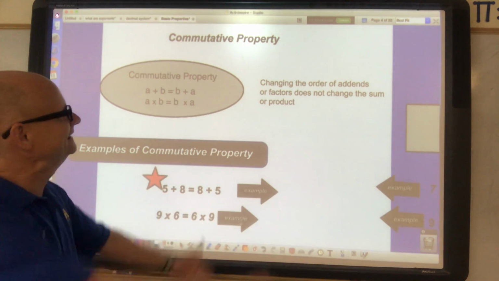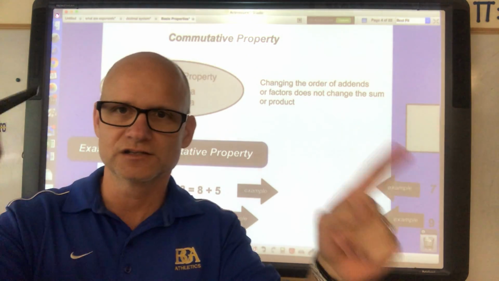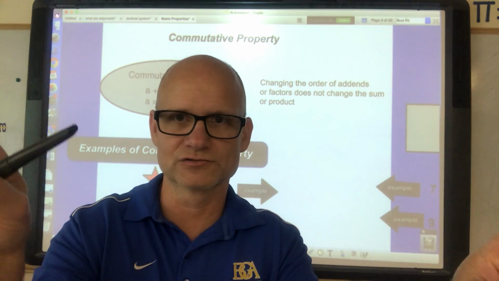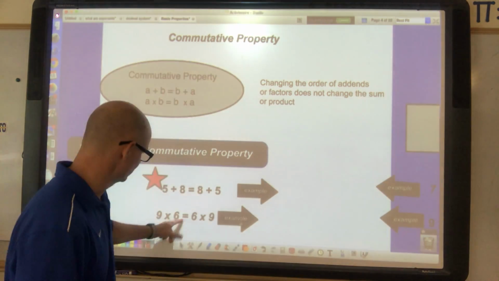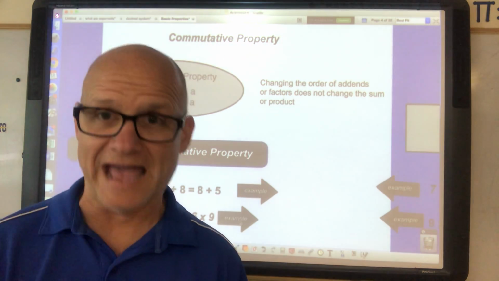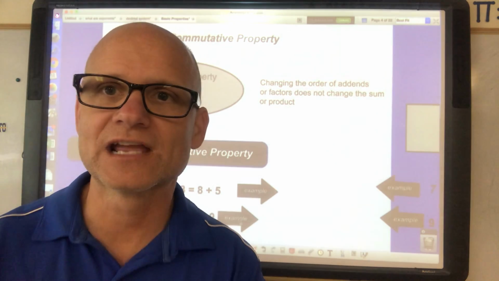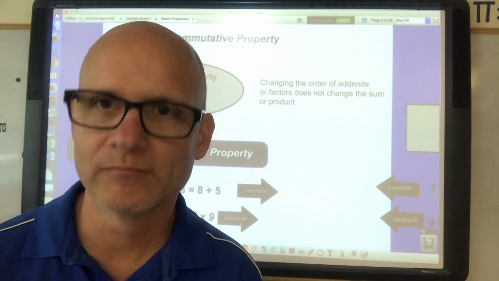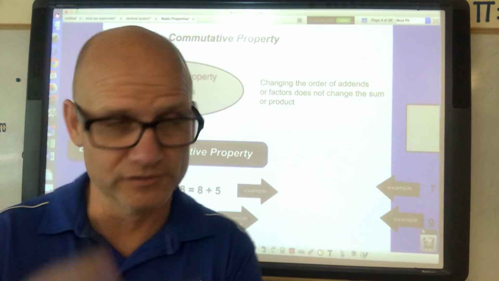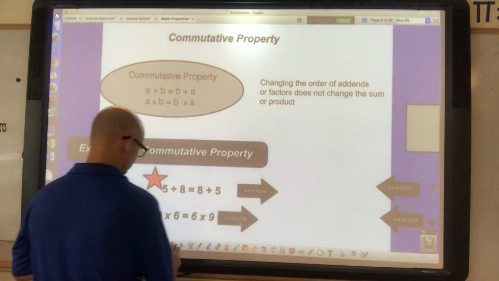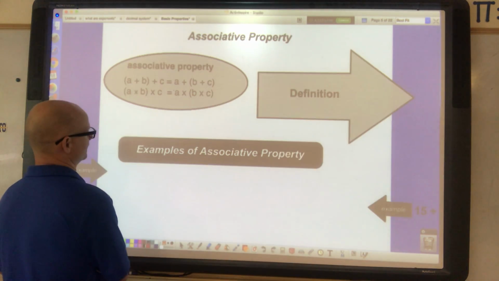It's just changing the order of factors, which means numbers in a multiplication problem, or changing the order of addends, which just means numbers in an addition problem, does not change the outcome. Good. You've known this. So, we're not going to write that down.